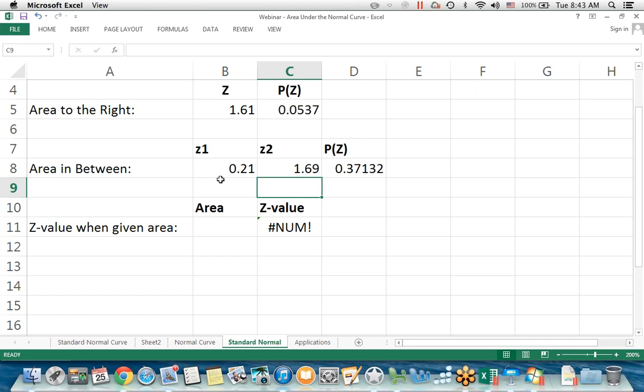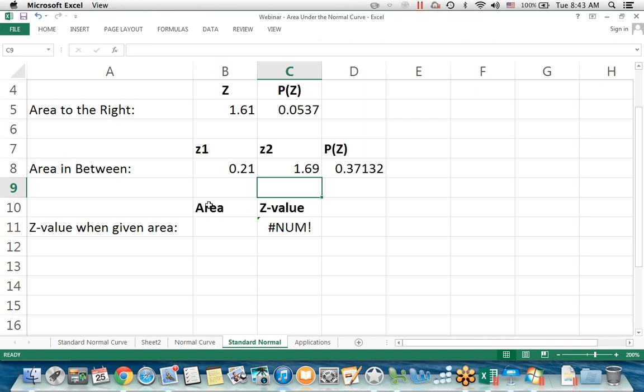So the penultimate. Now the next thing that we want to do is find the z value if we've already been given the area. This is actually the last problem that we have on the sheet, problem number 9. Now we're trying to find the probability that z is less than some z value, and the area has already been given to us.